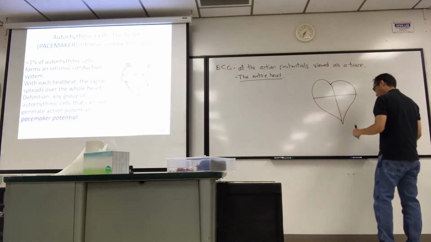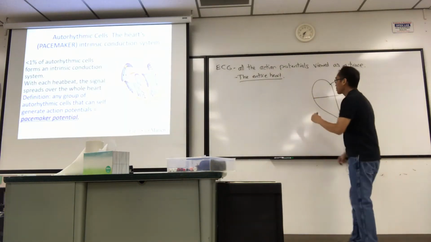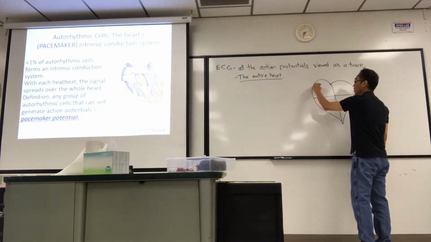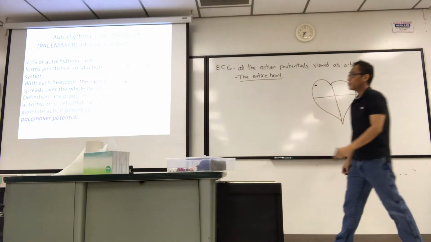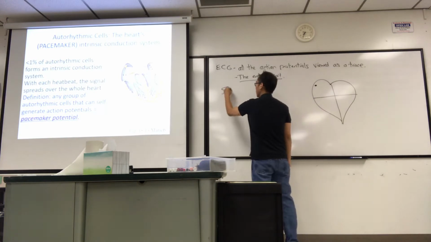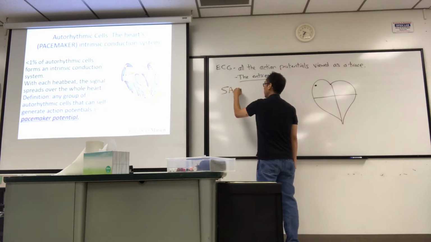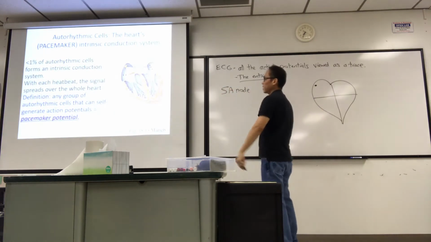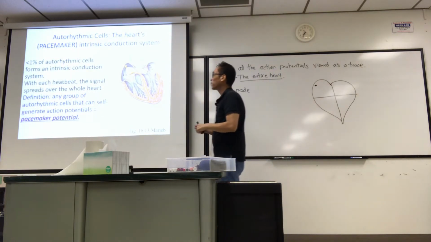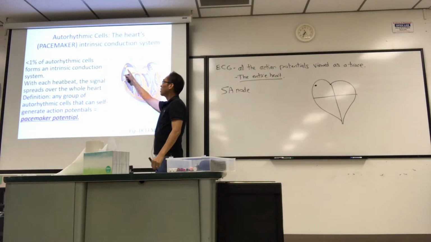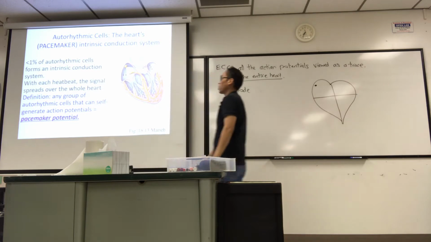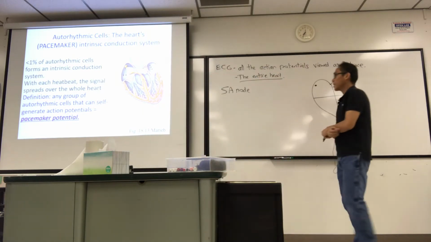Here's our four-chambered heart. And the first structure, right there, that's called the SA node. Sinoatrial node. I'm not going to write that out because I always just put SA. And that's where the heartbeat begins. With each heartbeat, it begins with the SA node.